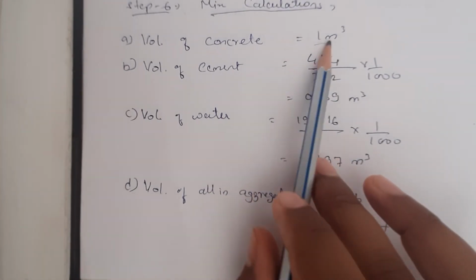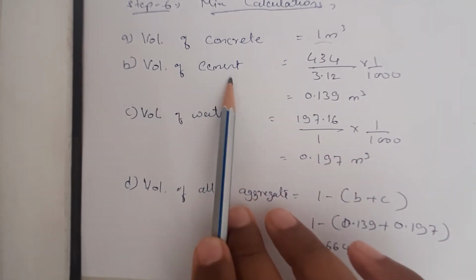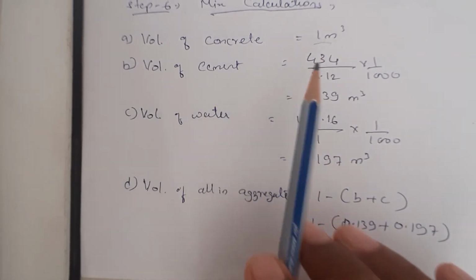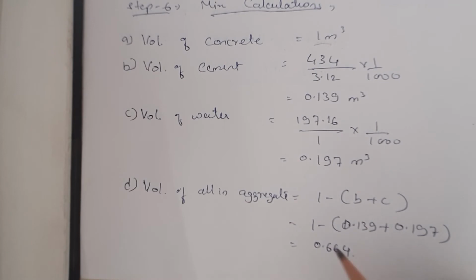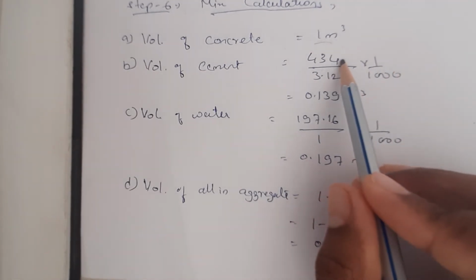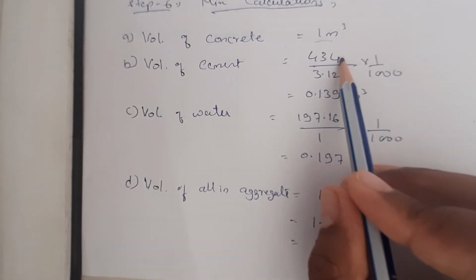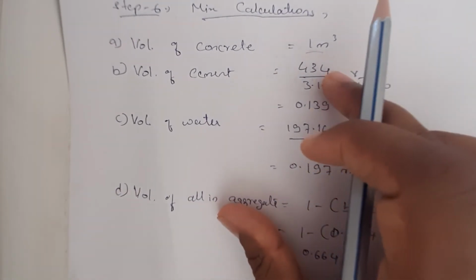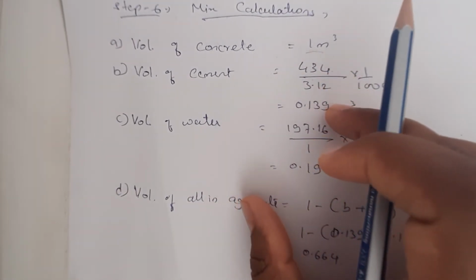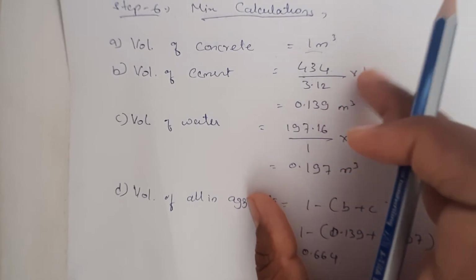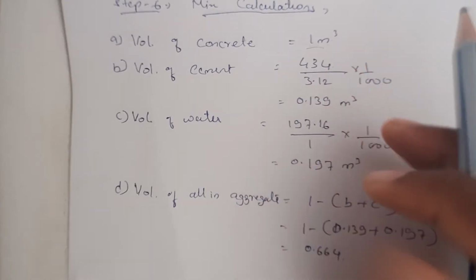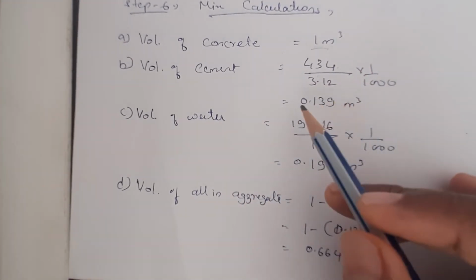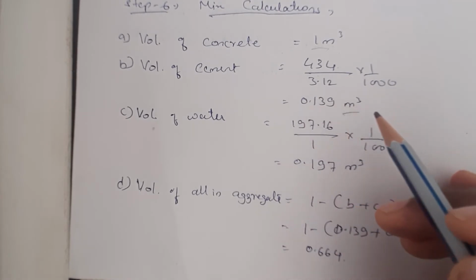For 1 meter cube of concrete, I have to go for the volume of the cement. We have to calculate for each volume. We have calculated the amount of cement to be added, that is 334 kg per meter cube. I divide it by the specific gravity into 1 by 1000, so that I get the cement in terms of volume in meter cube.